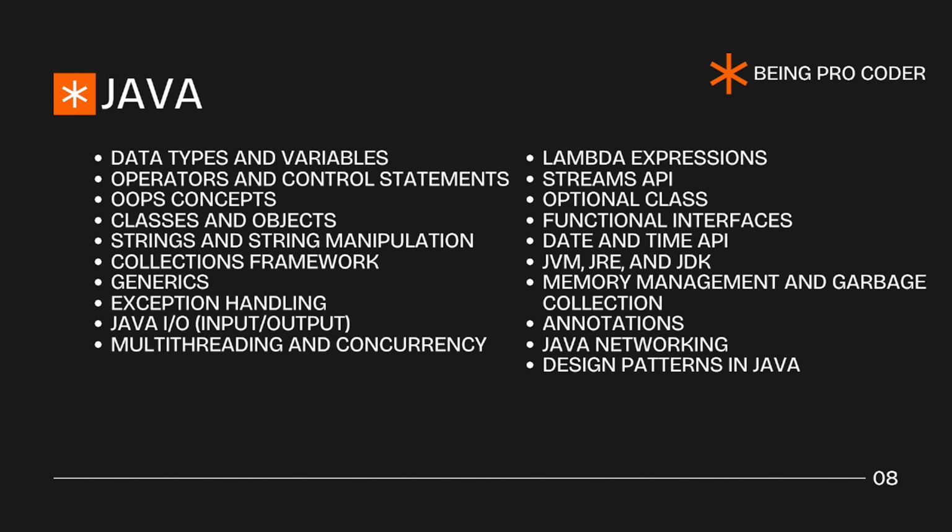Operators and control statements perform the operations and manage the program flow. OOPs concepts are also very important in Java, where you can start with inheritance, abstraction, polymorphism and encapsulation. A class is a blueprint and an object is an instance of a class. By using objects we can create multiple instances of a class.